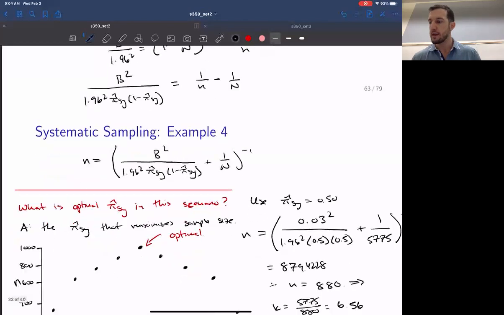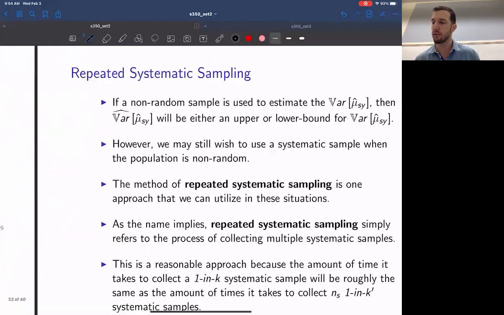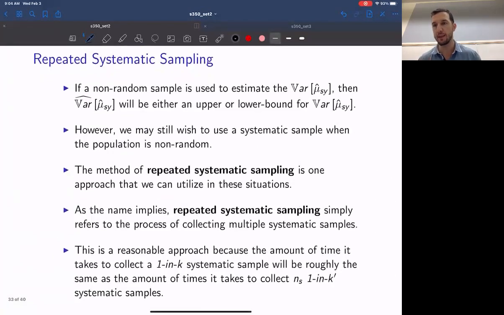What we're going to talk about today is an extension of systematic sampling that is called repeated systematic sampling. And repeated systematic sampling is very similar to systematic sampling, except that instead of collecting 1 large systematic sample, we collect n subscript s smaller systematic samples.